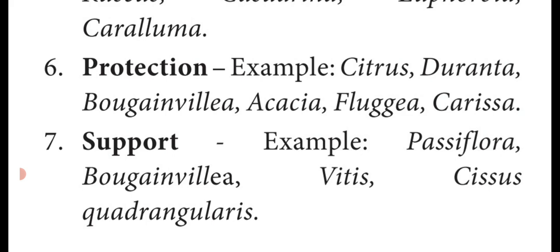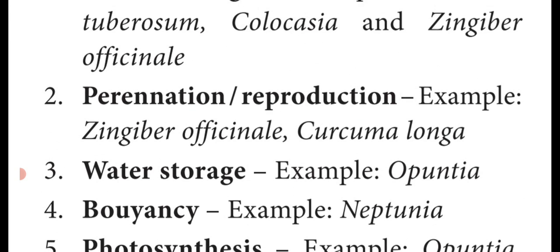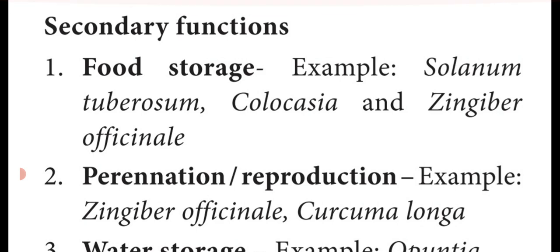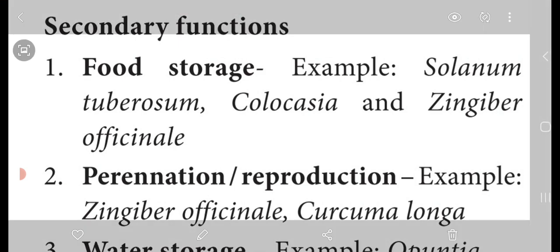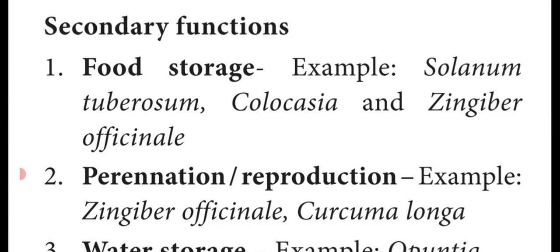Cissus quadrangularis in Tamil is pirandai. In those plants, the stem gives mechanical support. Those are all the different secondary functions of a stem, very, very important for 2 mark, 3 mark and 5 mark questions.